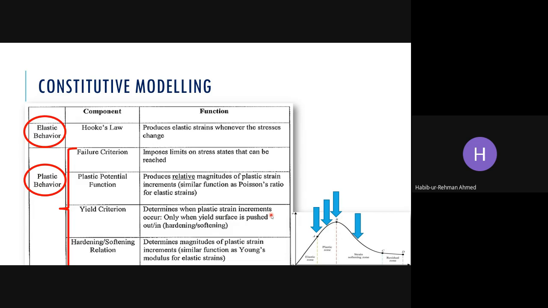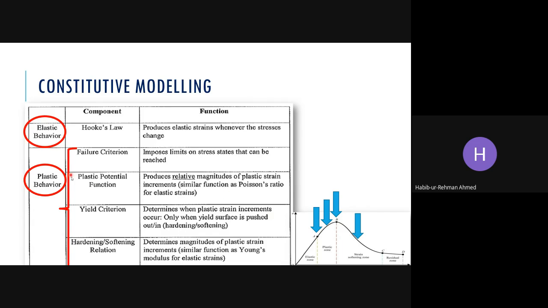Now this is again a highly subjective terminology, because failure is subjective. Maybe in some cases, complete shear failure could be failure, or a 1-inch settlement could be a failure. So the failure criterion is again highly subjective, but we have to define for our soil what we call failure.